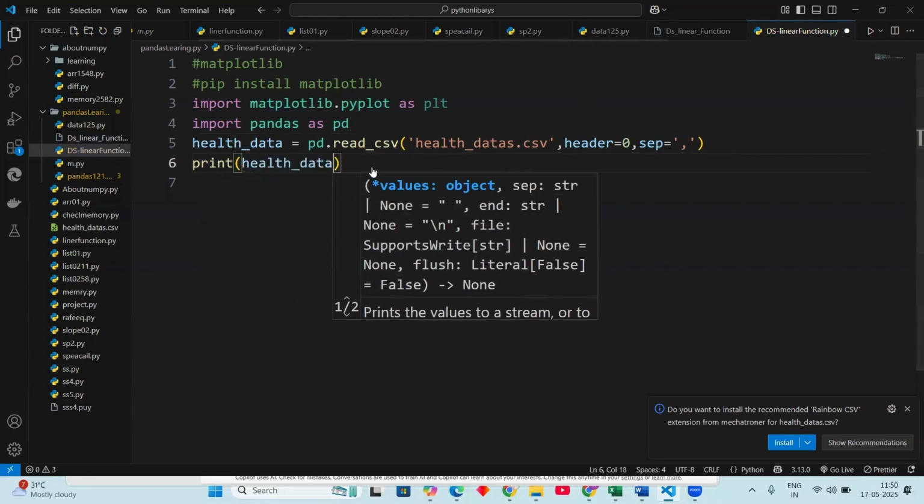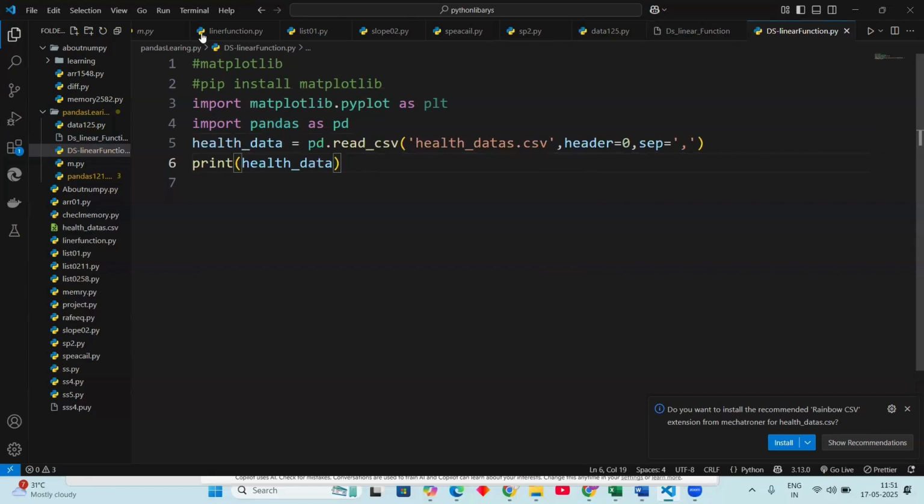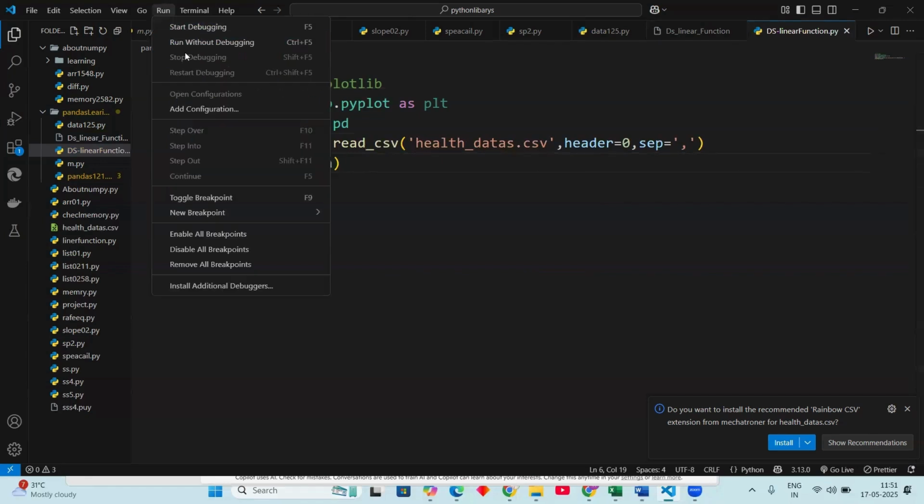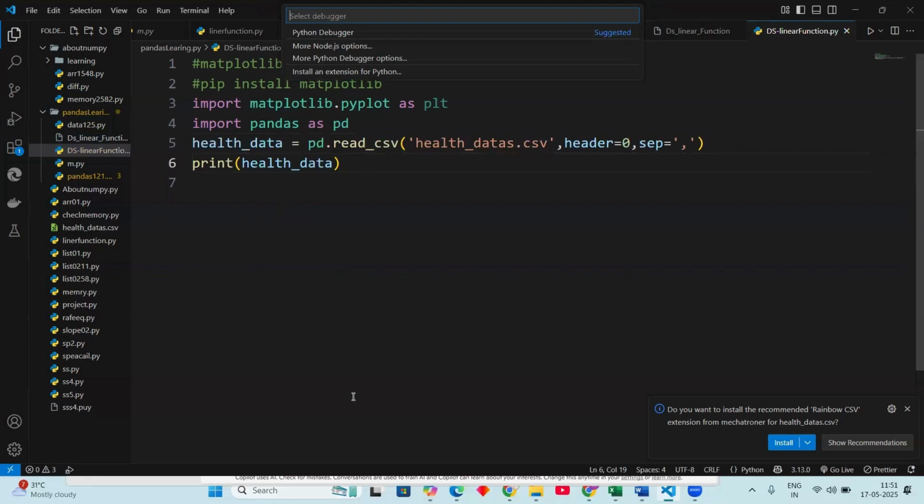Now see, the graph will show properly. We can see it in a table manner. The output becomes a properly structured table.